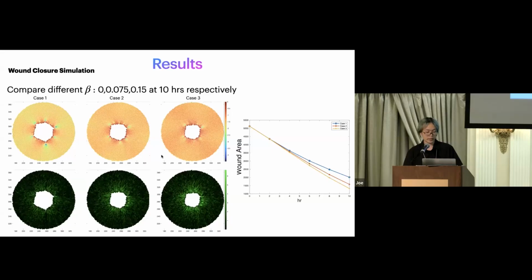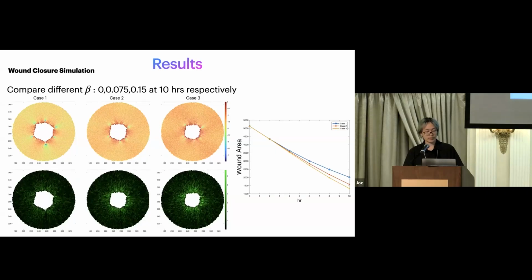And the reason why it's more circular might be because of the map here, which is telling you the elongation. You can see that when you have a larger beta, you have more bright green color around the wound area. So that might explain why it gets a more circular wound area.